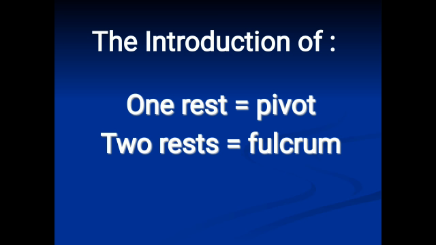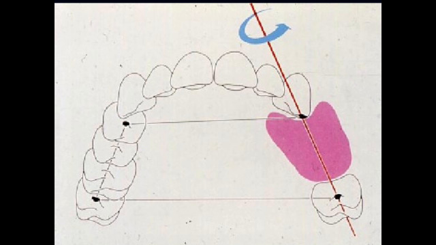these are the two terms you need to understand, a pivot and a fulcrum. What exactly is one rest and two rests? You can see a line.